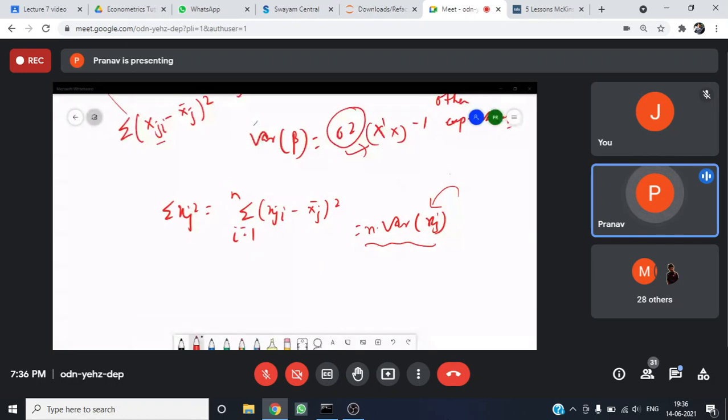This summation small xj square is the square of deviations. So I can write it in this manner. I take all the n observations on the explanatory variable xj, subtract the mean from all these raw observations, square it, sum it up. Clear?